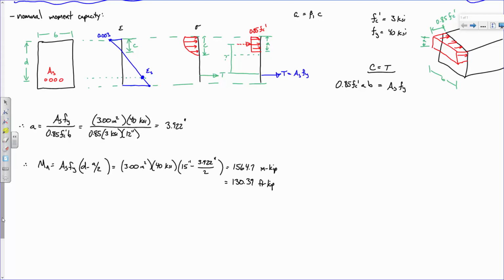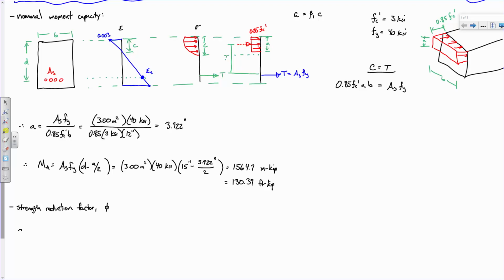So we'll say strength reduction factor. And for you folks who had steel, the phi value here serves the same purpose. It's just that in concrete design we have to compute it, whereas in steel design we would just look it up.